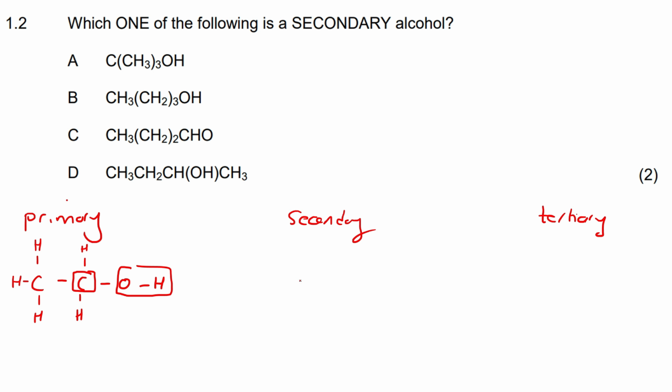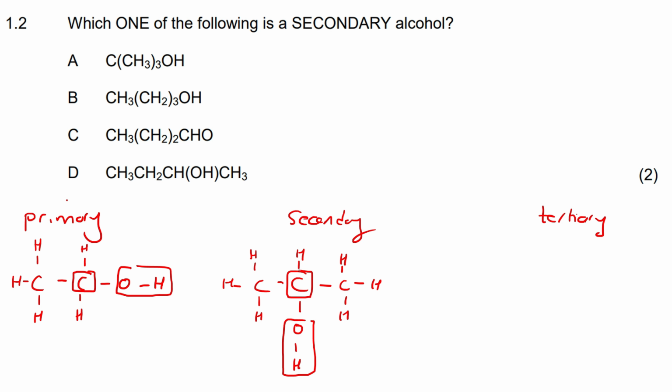Now, if we look at this molecule, step 1, I want you to look at the OH. Step 2, look at the carbon touching the OH. Step 3, look at how many carbons are touching that one. Well, there's one over there and there's one over there. That is what we mean when we say a secondary. Now, as you can imagine, tertiary, let's quickly show you what that looks like.